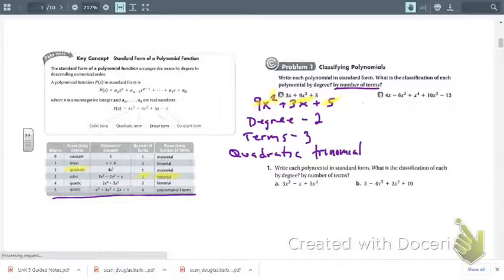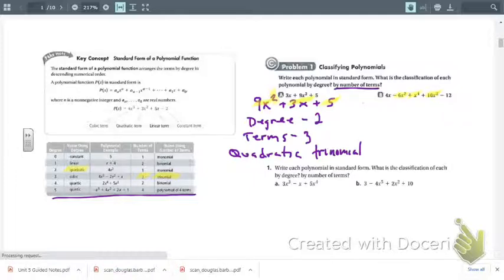Change colors for the second part, B. So we have 4x minus 6x squared plus x to the fourth plus 10x squared minus 12. What I notice right away is I can combine like terms here. I also see that my highest power of x is going to be 4, so this is not written in standard form.